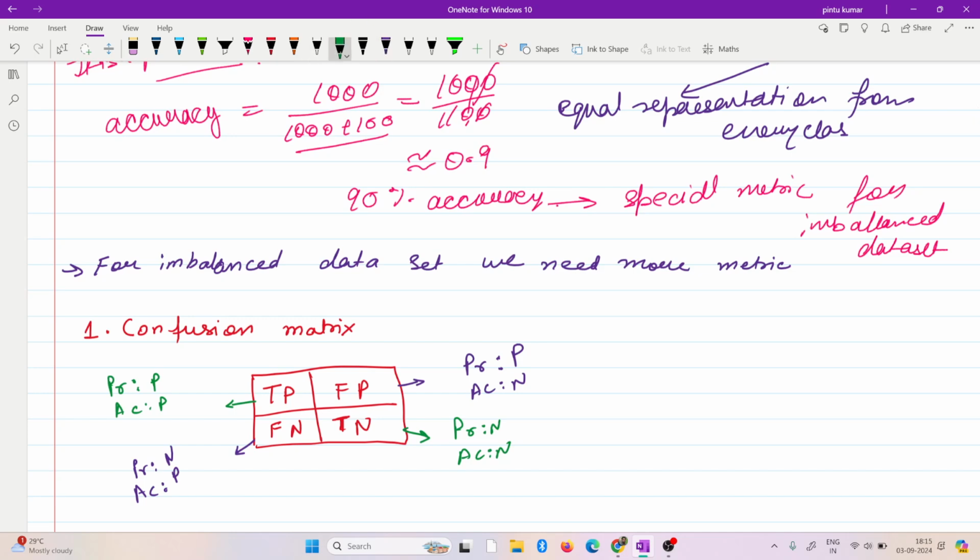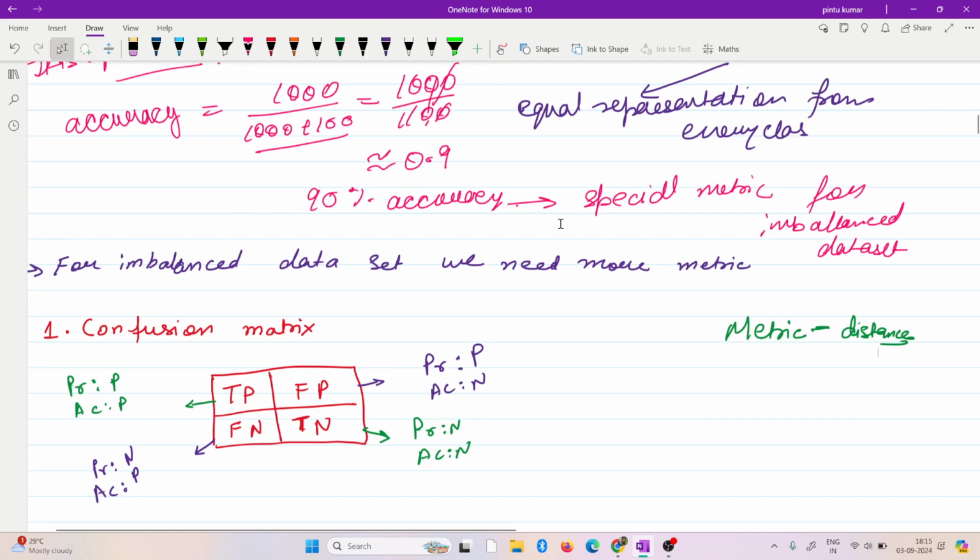This is more mathematical. If you look at the term metric, metric means distance. In mathematics, metric means distance. And matrix is what you have been doing. So the pronunciation is quite similar, but they are two different words.